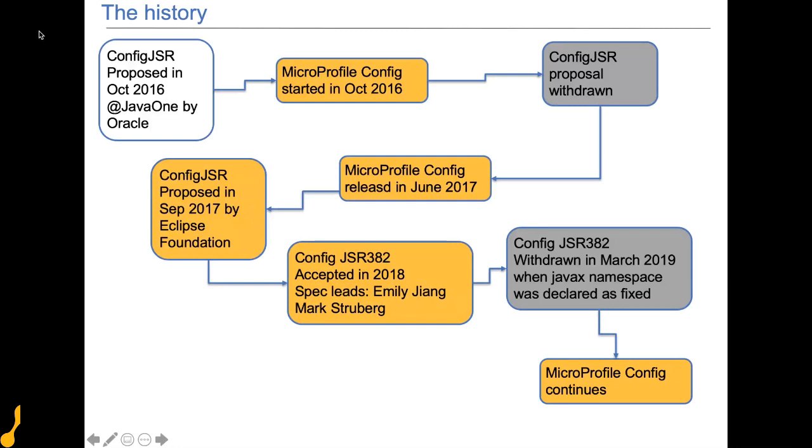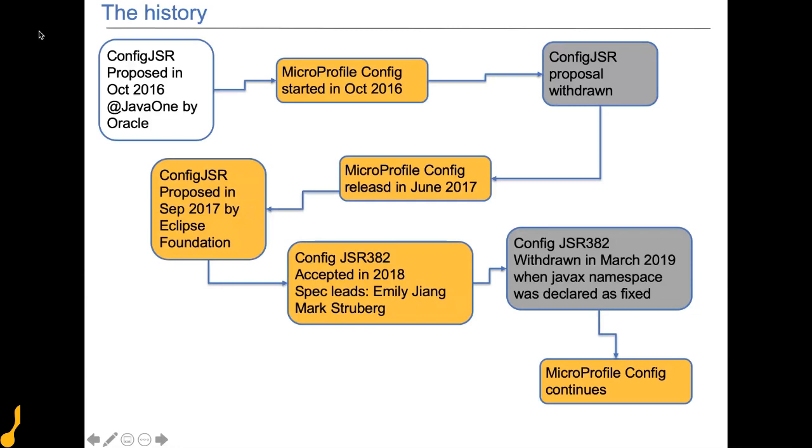Because of the success, Eclipse Foundation proposed a Config JSR in September 2017 with Mark Struberg and me as the co-spec leads, and the proposal was accepted and the number Config JSR 380 was assigned.